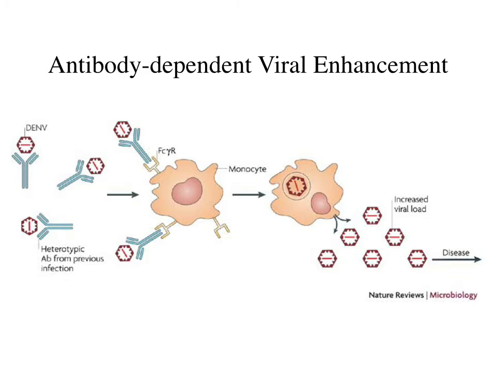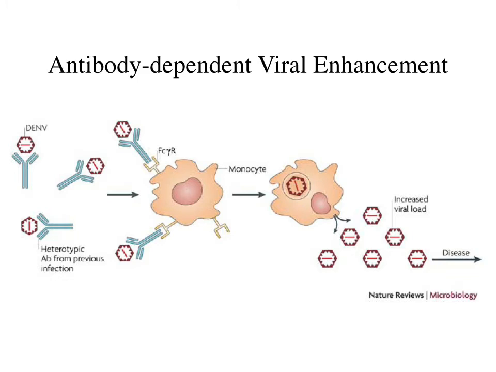That virus with the attached non-neutralizing antibody can bind with the Fc receptor on a monocyte, and that will allow the monocyte to bring the virus particle in, but in this case, rather than killing the virus is actually able to infect and replicate within the cell.